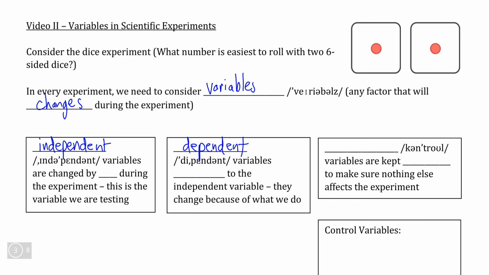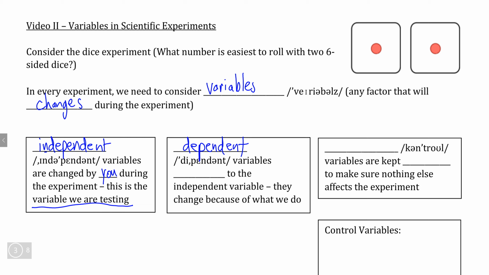Well, the simplest explanation that we give is that the independent variable is specifically the variable that we are testing to learn about in the experiment. Another way of looking at it is that the independent variables change in the experiment because we change them, or what we are doing in the experiment causes them to be different.